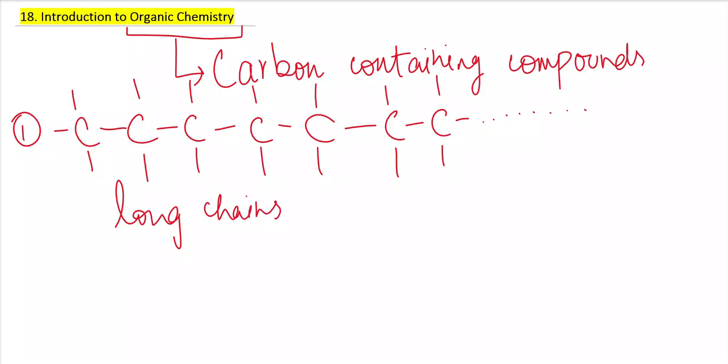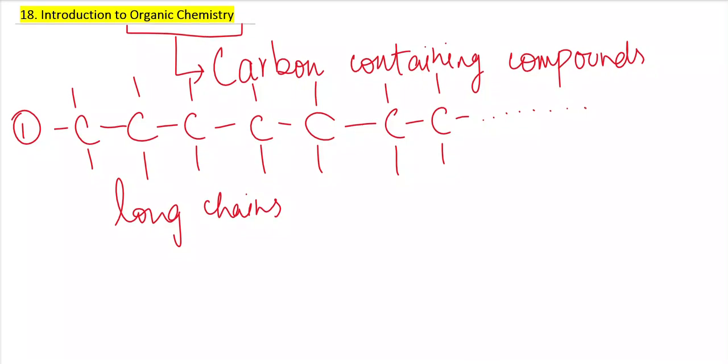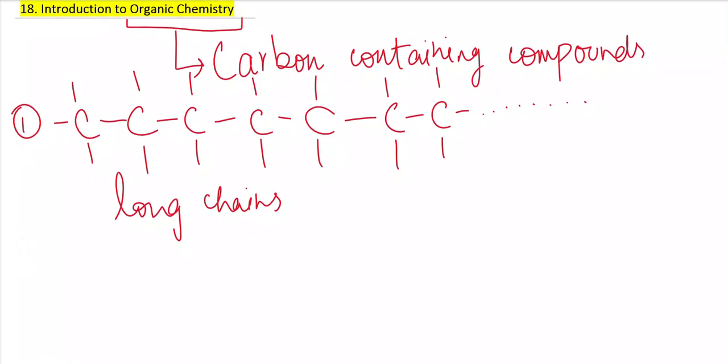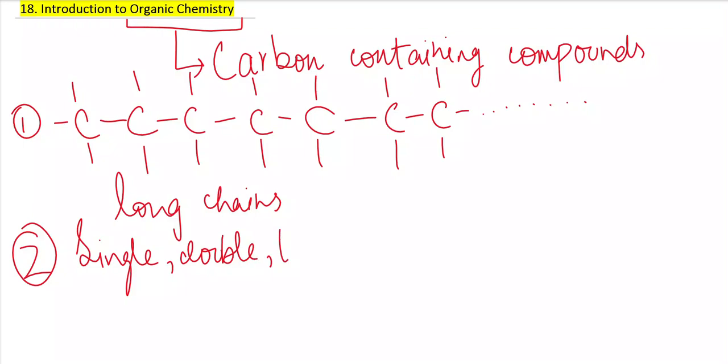Second, the carbon atoms in a chain can be linked by a single, double, or a triple bond. As you already know about the single, double, and triple bonds in covalent bonding, we have already read about covalent bonding in our previous chapters.